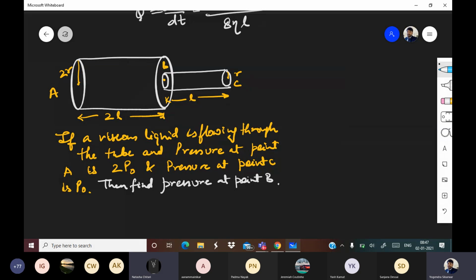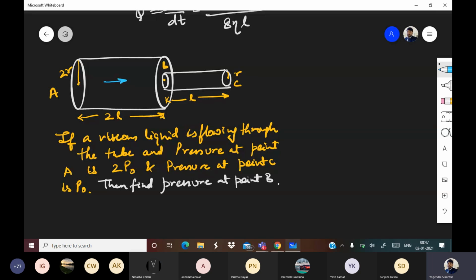The volume rate of flow through this one, which you can call first one, and the volume rate of flow from second one. Natasha, please keep your mic muted. Okay.